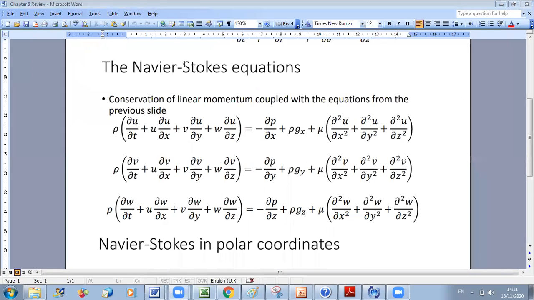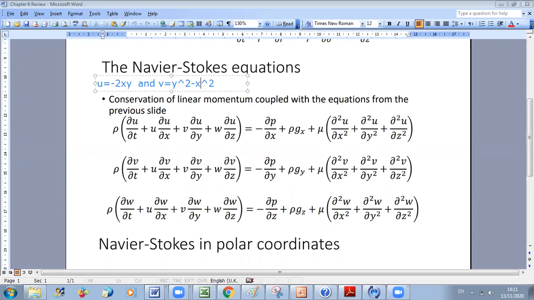In this problem, u is equal to minus 2xy, and v is equal to x squared minus y squared. Sorry, y squared minus x squared.